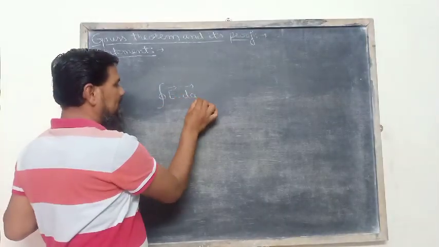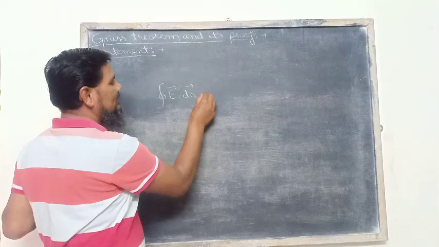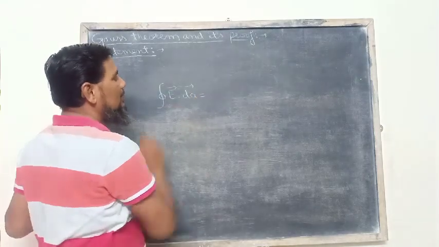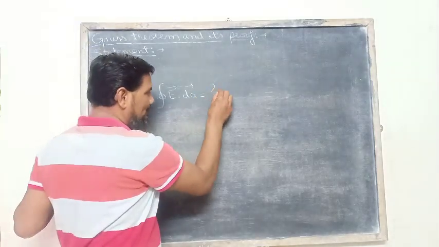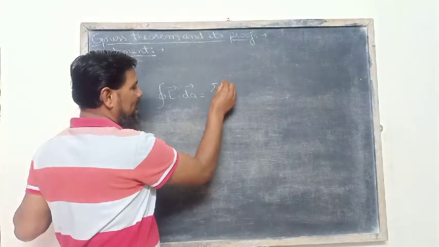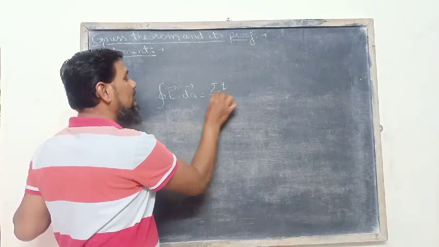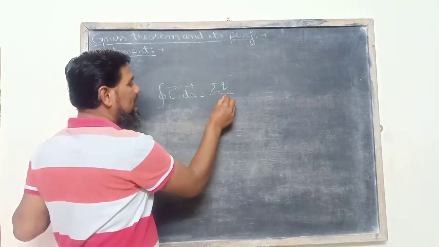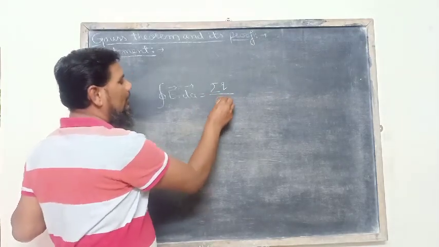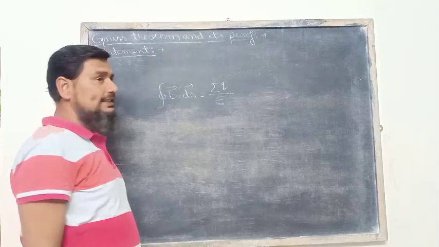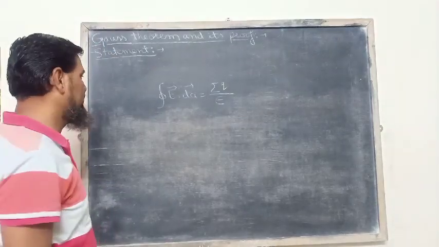Integral E dot dA for a closed surface is always equal to the ratio of the algebraic sum of all charges contained inside the surface to the permittivity of medium. This is the statement of Gauss theorem.